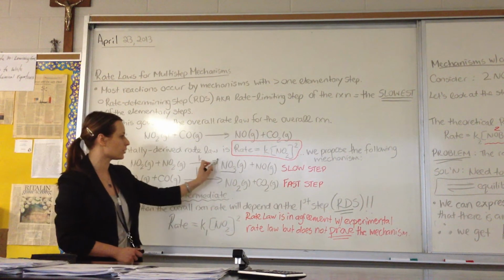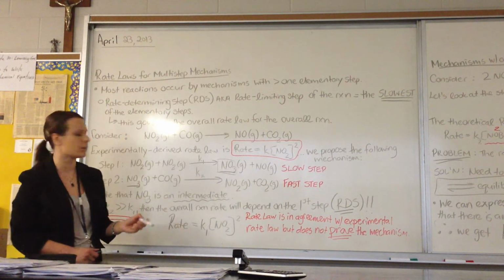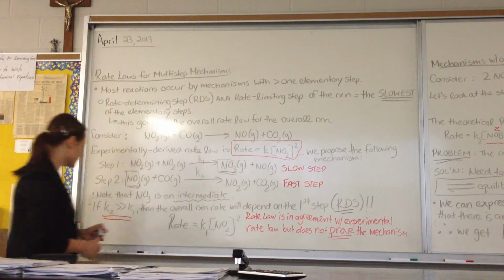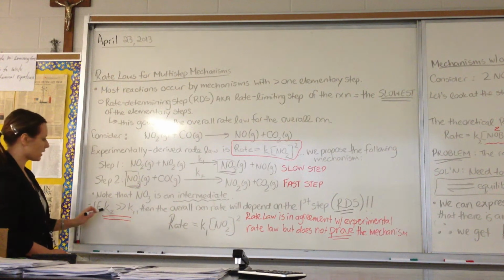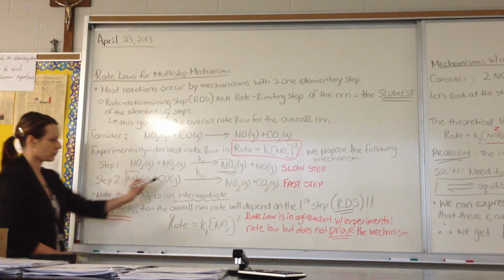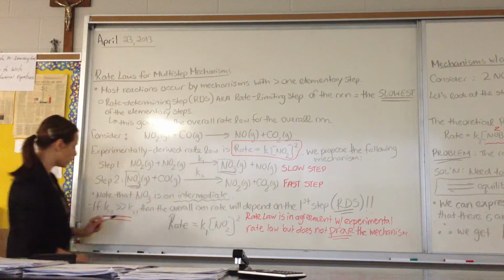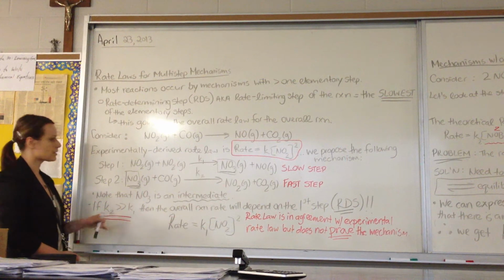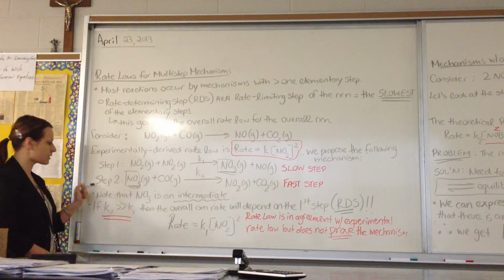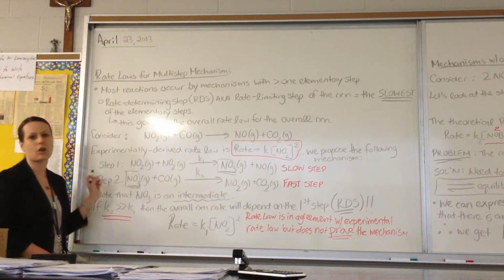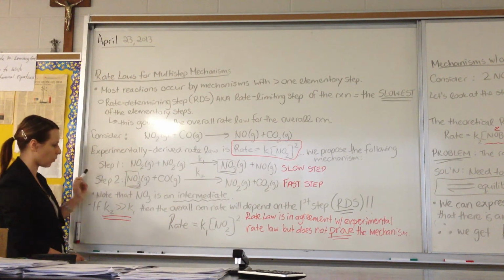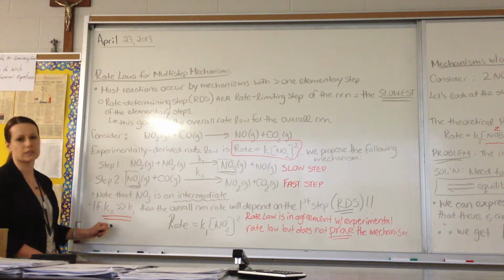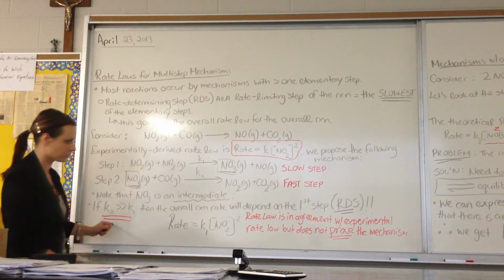An intermediate, you remember, is something that is formed in one step and then is consumed in the following step. Another thing to note is that if k2, your rate constant for step 2, is a lot larger than the rate constant for step 1, this means that the rate of step 2 is a lot faster than the rate of step 1. Please note that when we're talking about rate constants, we're really talking about the overall rates.